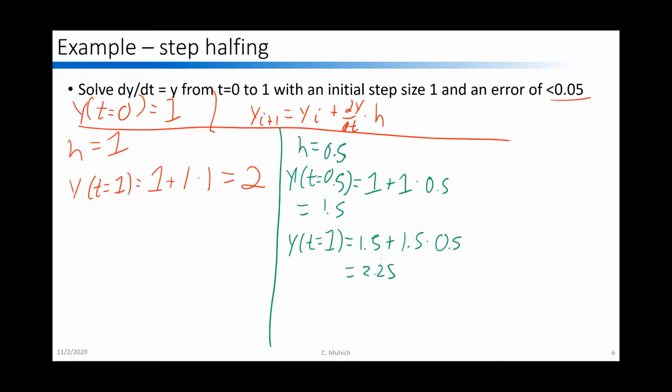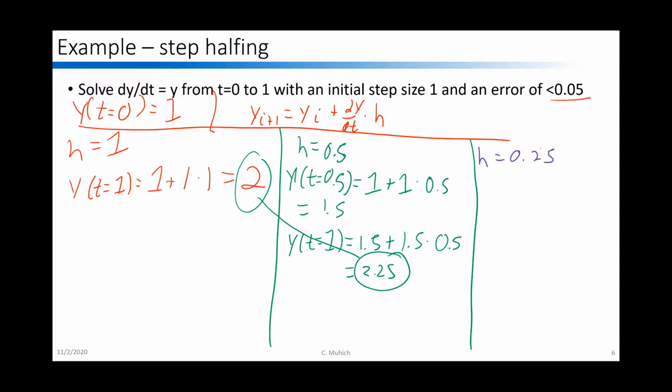Okay, so if I compare these two numbers, you can see that the error is 0.25, which is much bigger than the 0.05 of that qualification. So I can go ahead and cut this in half. So you can say h equals 0.25.